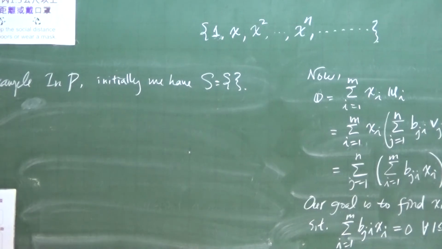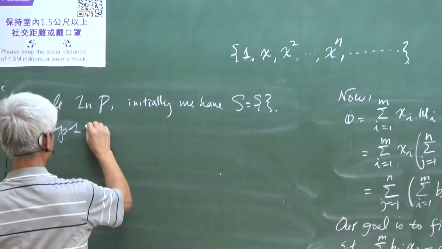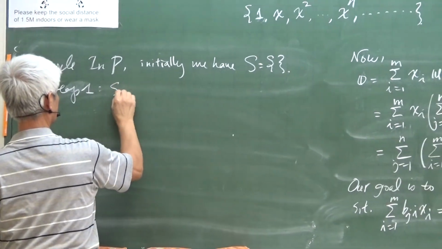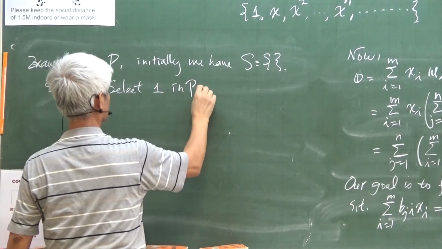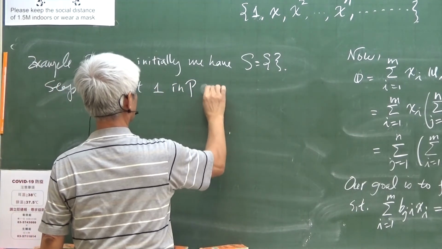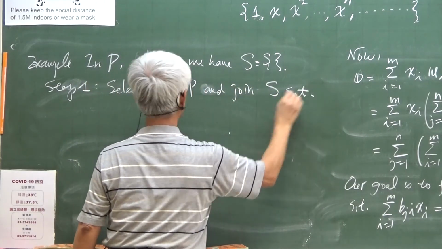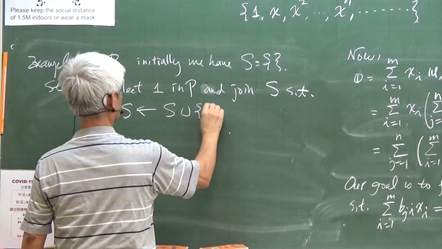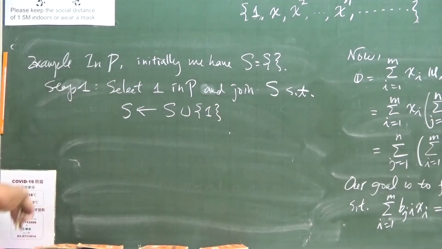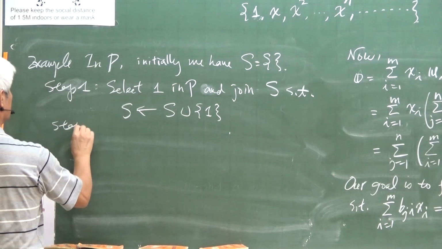So step 1: select 1 in P and join it to S, such that S becomes {1}. And step 2.